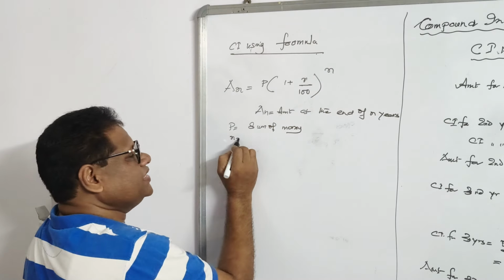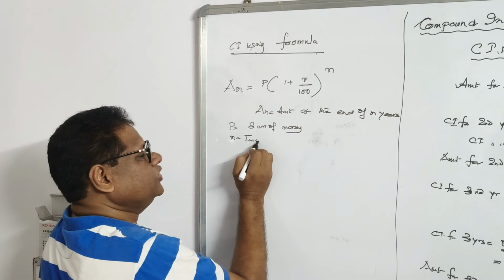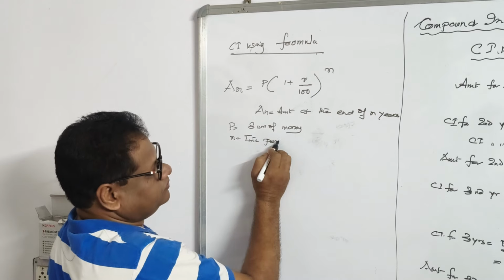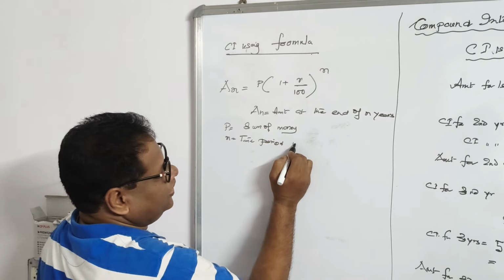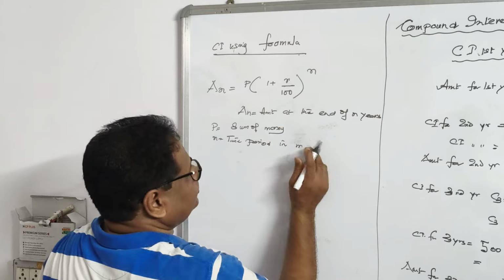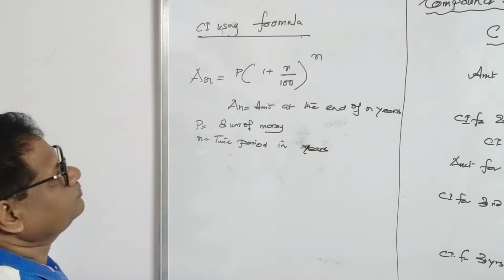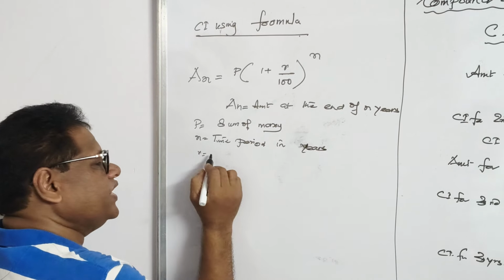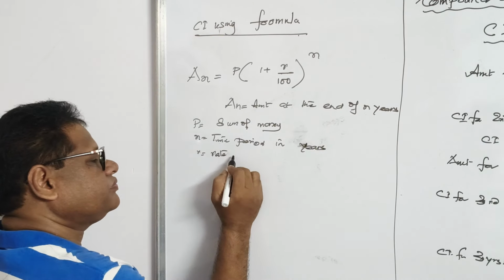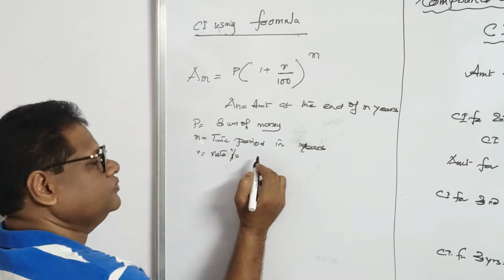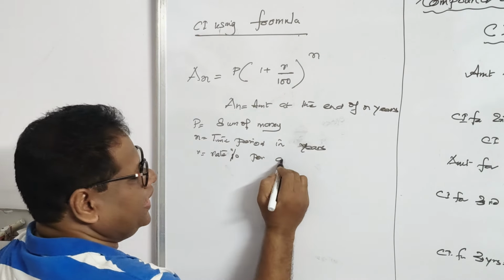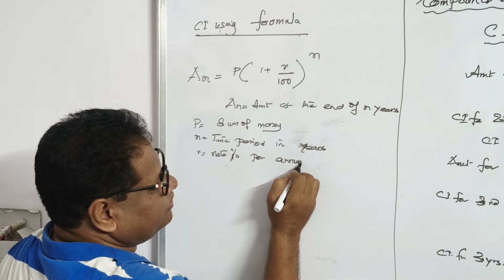N is the time period in months, in years. And R is of course the rate percent per annum. Per annum means per year.